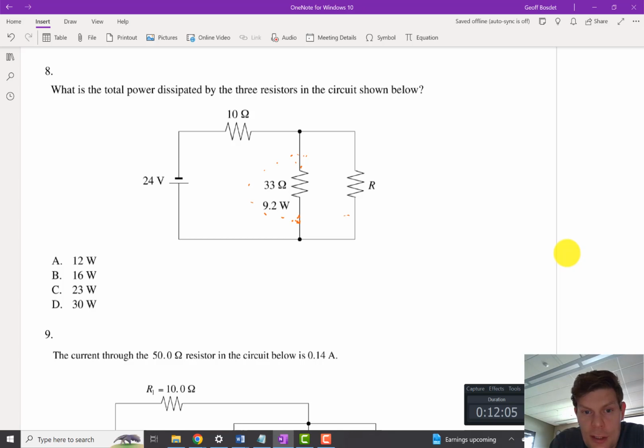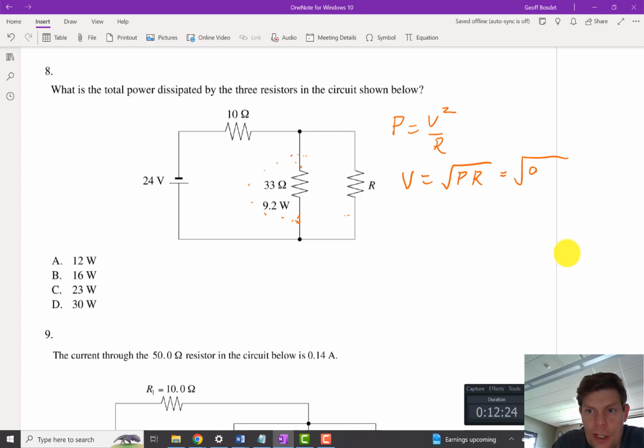We're going to say, hey, I'm going to find the voltage drop across here because I know power equals V squared over R. So V is just equal to the square root of P times R. So that will just equal the square root of 9.2 times 33.